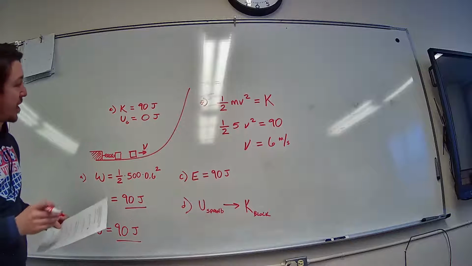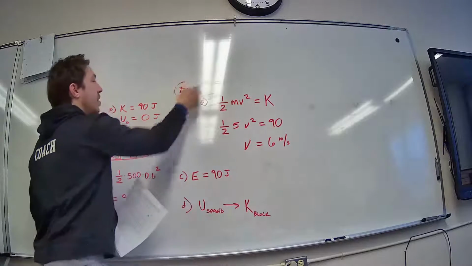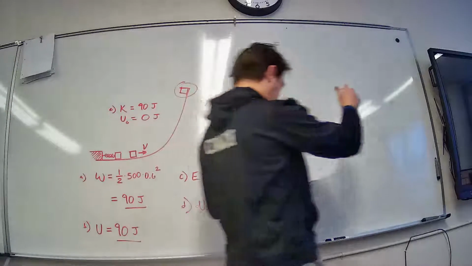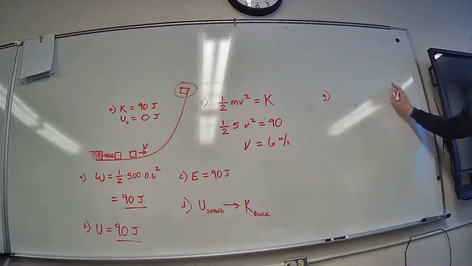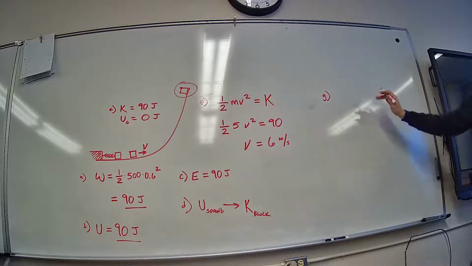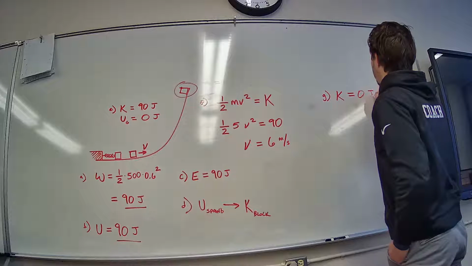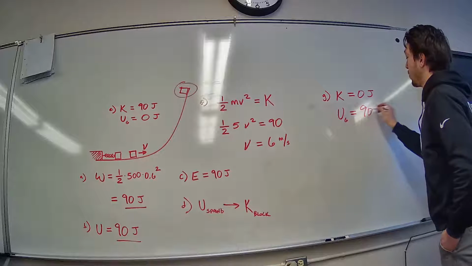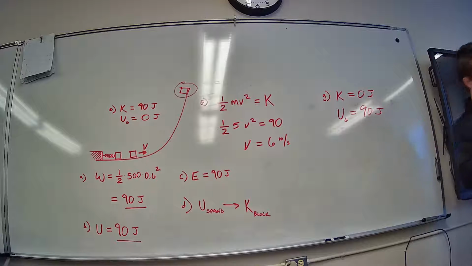Now the block's going to reach its maximum height. So eventually the block is going to get up here. It's going to hit its max height. We'll just work over here. Question G. At the top of the ramp, what's the block's kinetic energy? 0 joules. How about its potential energy? 90 joules. Feel okay about that? Make sense?